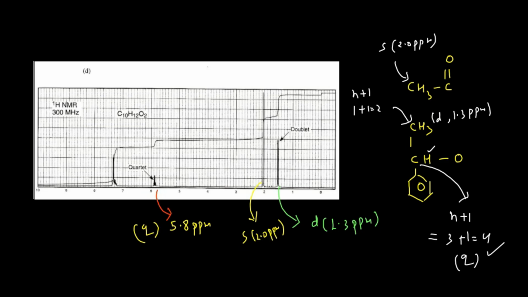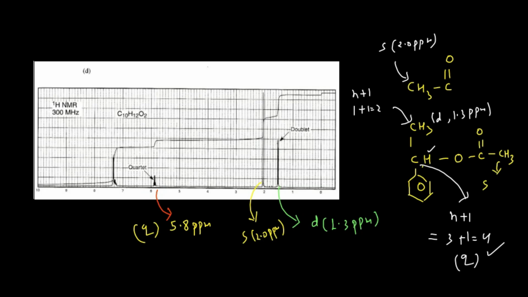And then we know my compound is the ester. So I can put carbon double bond oxygen over there. This is my ester linkage. And then I can put my CH3 over there. And then you see in the spectrum at 2.0 you are getting a singlet, and this singlet is for this particular one.